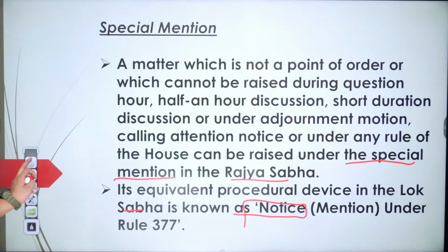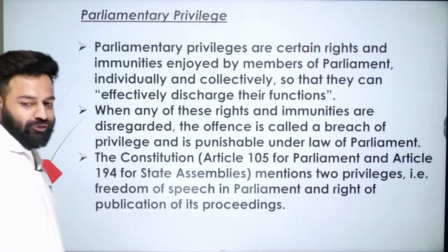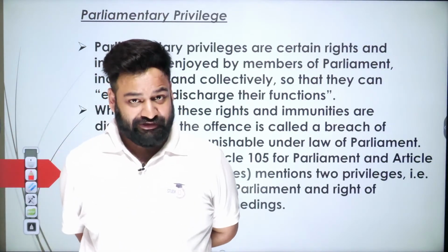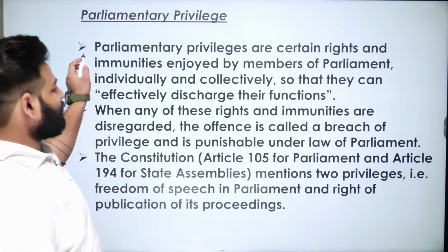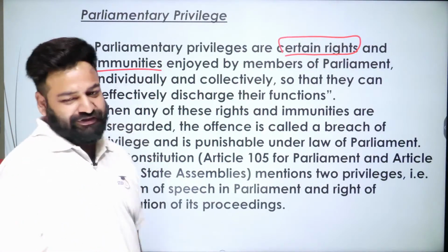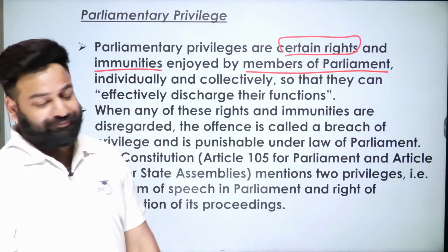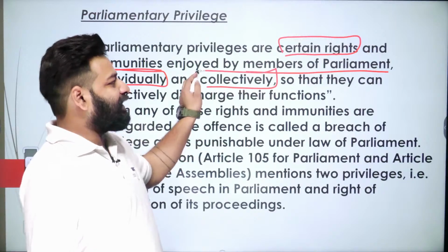Okay. So next what we have got, the parliamentary privileges. What are the privileges that are given to the parliamentarians? So here we go. Parliamentary privileges are certain rights and immunities enjoyed by the members of parliament. They are individual as well as collective.